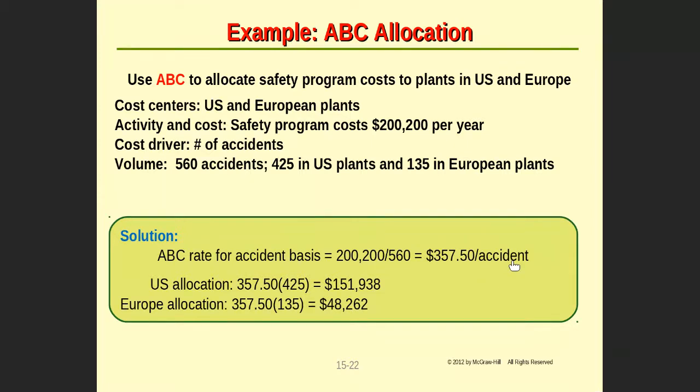a different meaning or different perspective than the allocation cost. In the allocation cost, you don't identify the volume, you identify the activity.